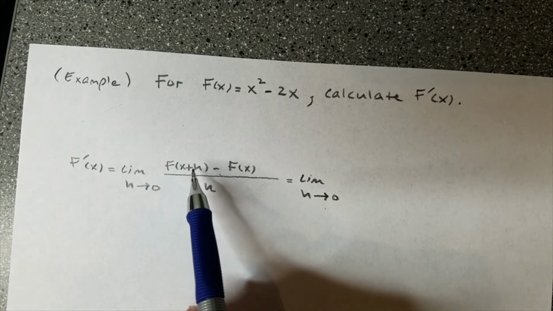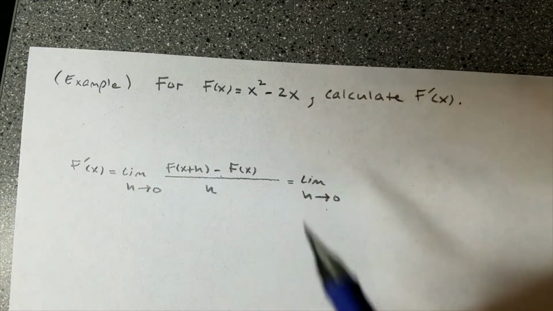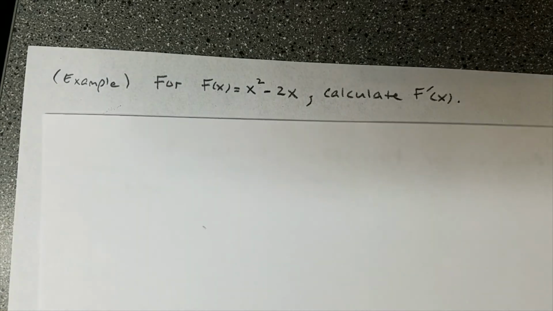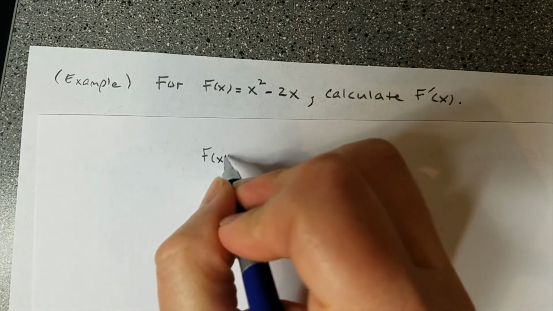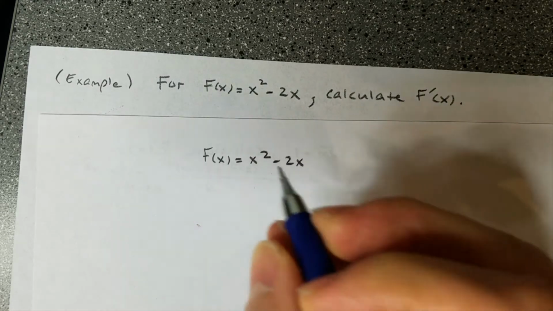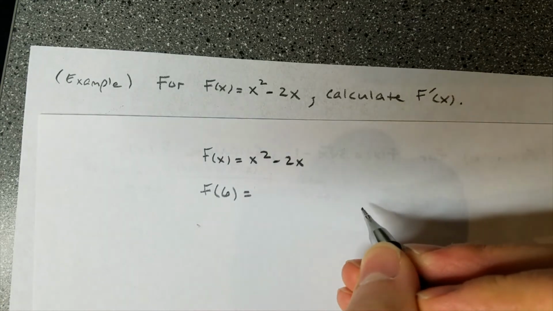What's f of x plus h? Well, that's like what would you get if you put x plus h in for x? Maybe I should make a big deal out of this. Do you see this formula? f of x is equal to x squared minus 2x. How would you put a number in such as 6?